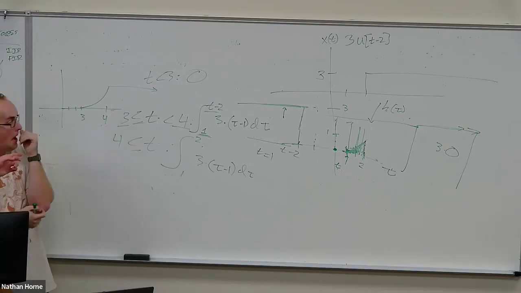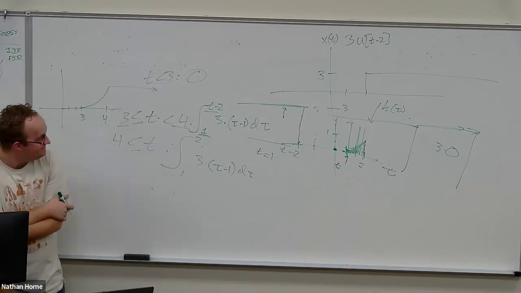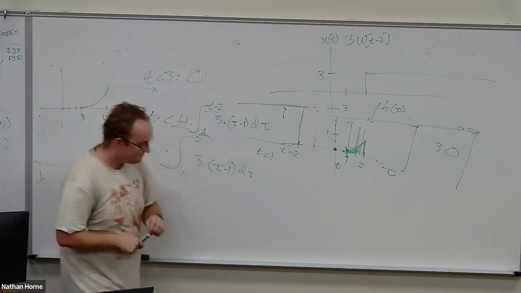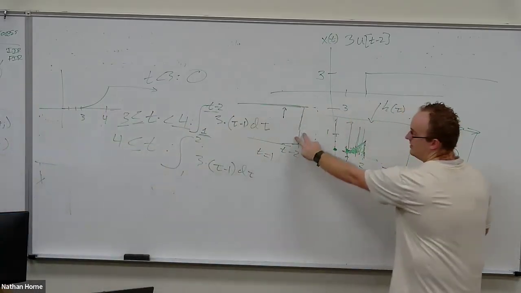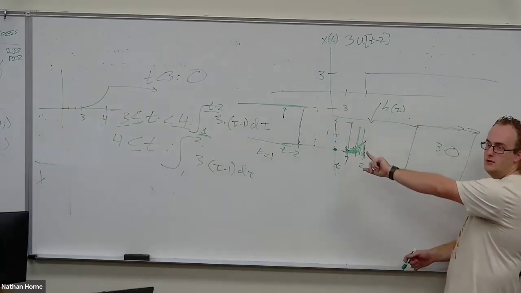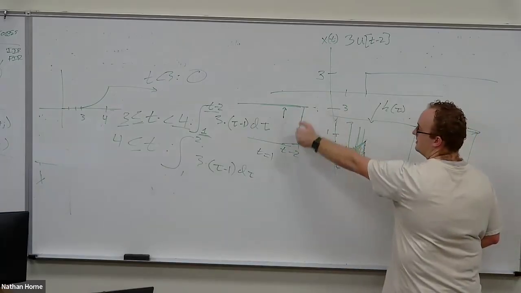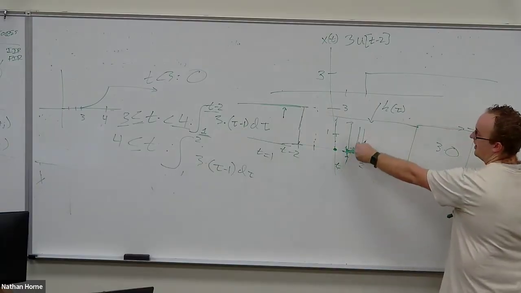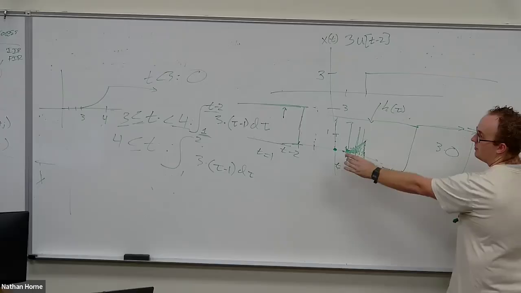Why do we have the t minus 2 at the upper bound? At the upper bound, okay. So you remember how we defined this edge as t minus 2? That's because as this is moving, as t is increasing and you're shifting it, that is defining the upper edge of the overlap.